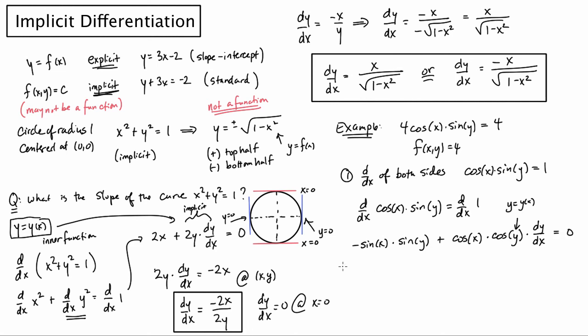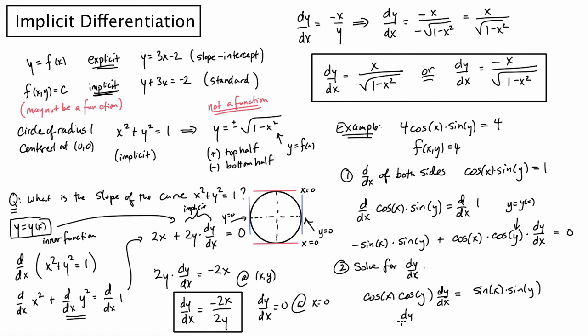So if I have everything going correctly, then at this point I'm looking to solve for dy/dx. That's the final step here. So that's going to occur algebraically. In this case, I'm going to add this term over. And so algebraically, this is equivalent to cosine x cosine y dy/dx equals sine x sine y.